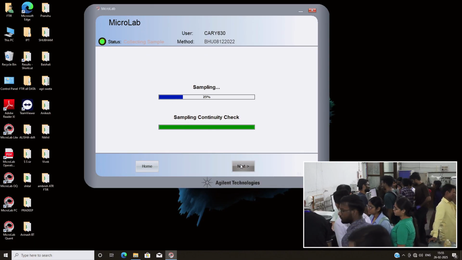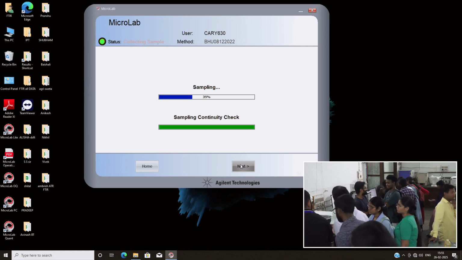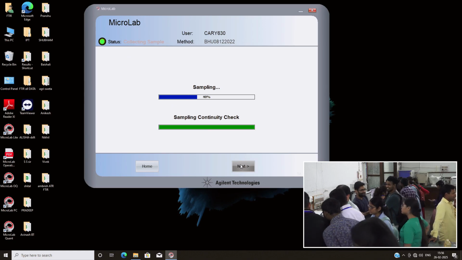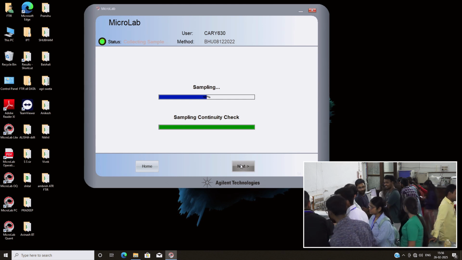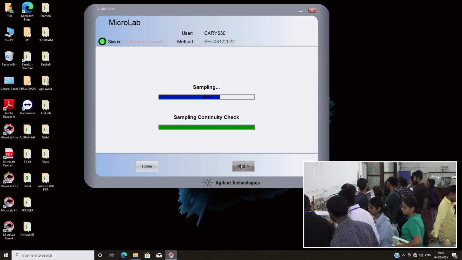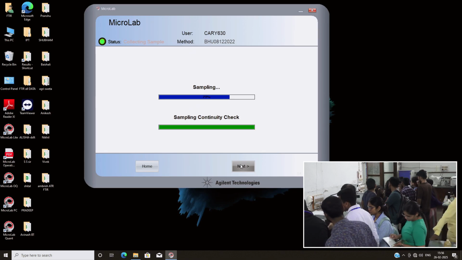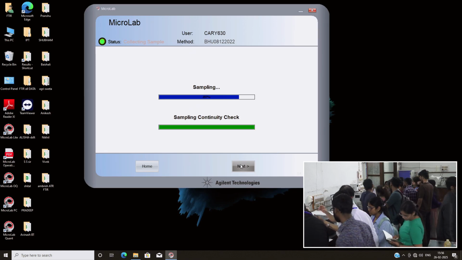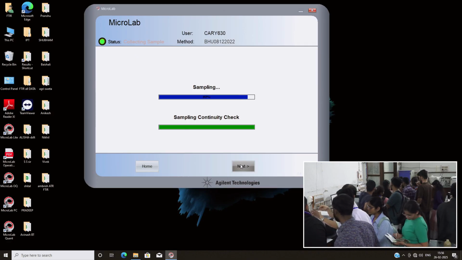What is the superiority of FTIR over this IR? ATR is very convenient and sample preparation is easy. But as I explained, penetration of the evanescent field depends on the wavelength.